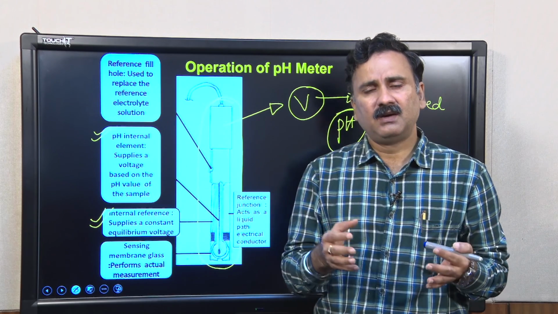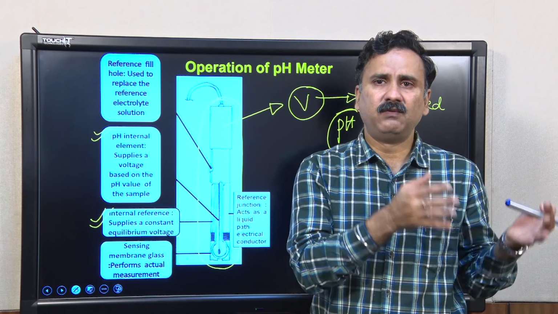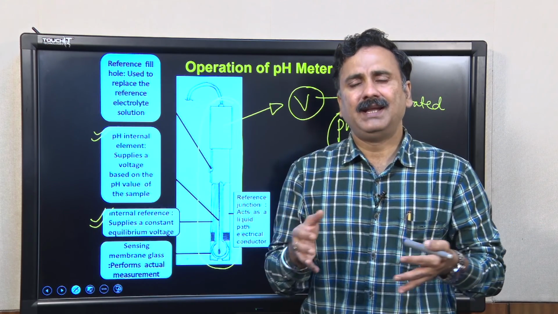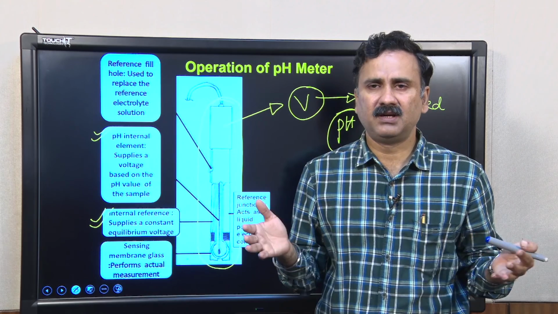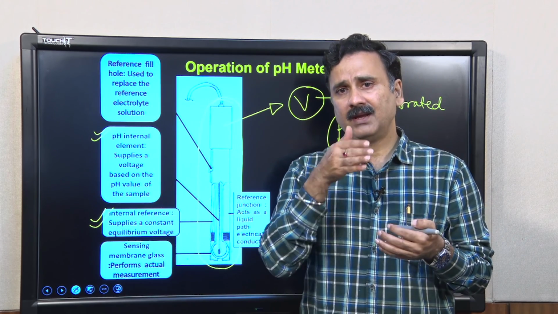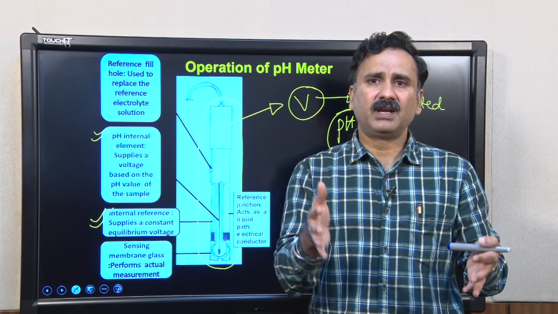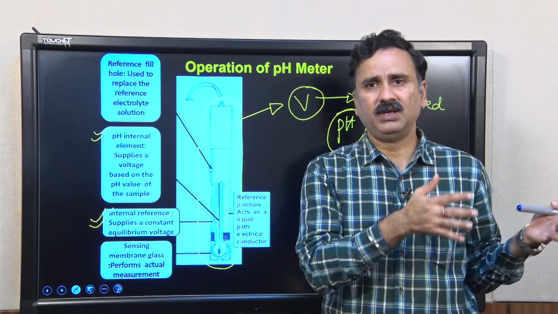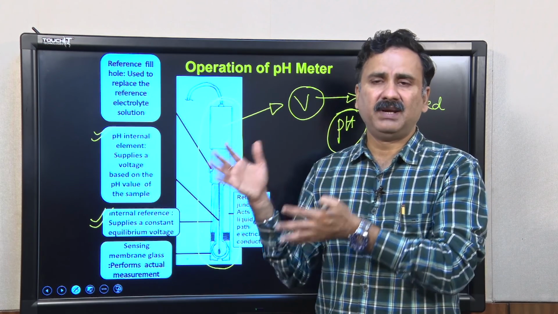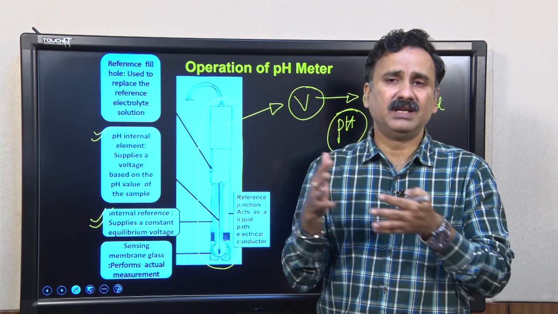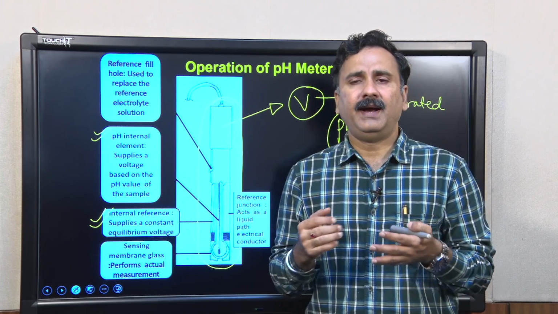The standard pH solutions you can use to calibrate are 4, 7 and 9.2. If you are working in the acidic region, you can simply use 4 and 7, and that should be good enough. But if you are working in the basic range, then you can use 7 and 9.2.